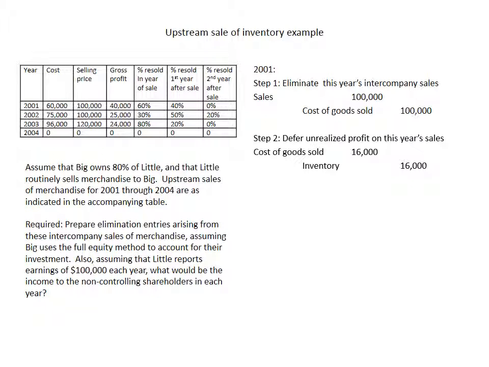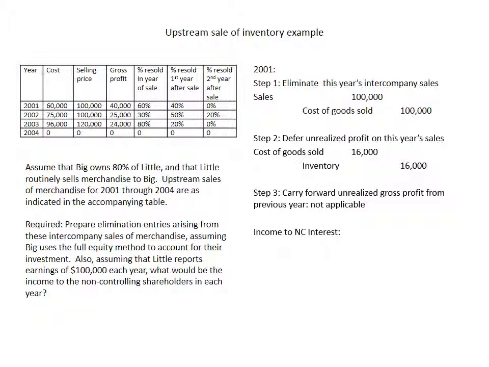The true cost was $60,000, so 40% of $60,000 is $24,000. So we're reducing our inventory from the marked up $40,000 down to the true cost of $24,000. Step 3, where we carry forward the unrealized gross profit from the previous year, is not applicable because nothing happened prior to 2001.